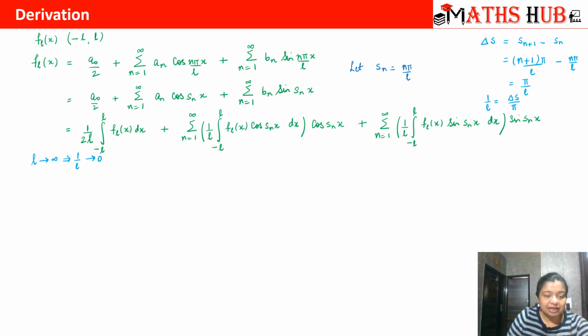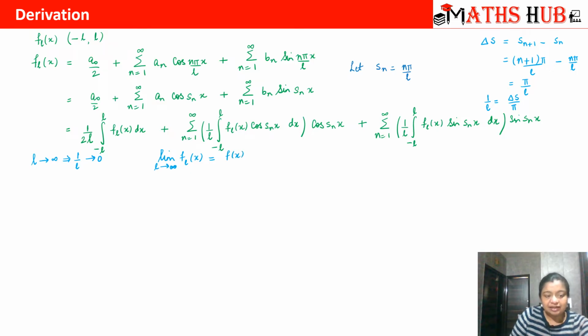And in the limiting case, we know that summation gets converted to an integral, isn't it? So when we take the limit as L approaches infinity, your f_L(x) will become the function f(x), right?